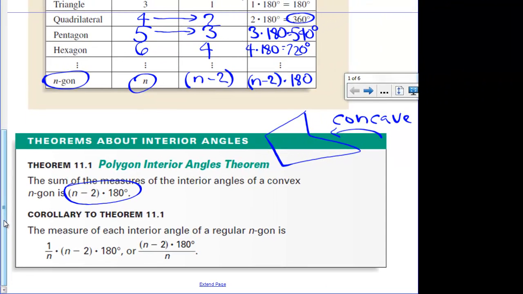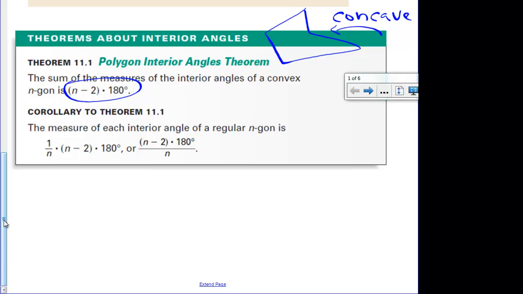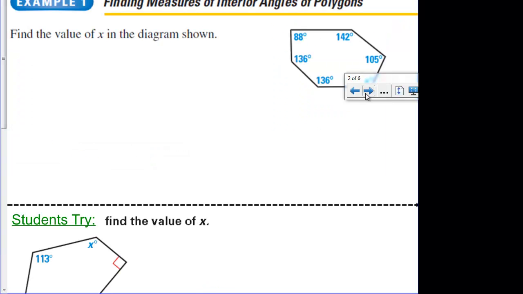And the corollary to theorem 11.1 tells us how to find the measurement of each interior angle. So you take the sum of the interior angles and then you divide it by n. So we're going to use both of these expressions. So let's go ahead and turn the page and get started.